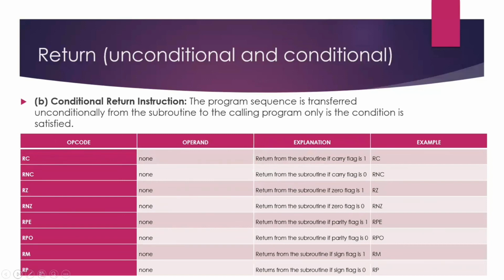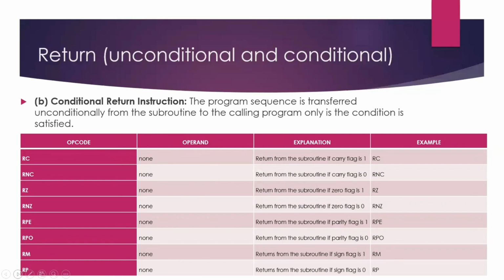RC is return from the subroutine if carry flag is 1, and RNC is return if not carry, carry flag is 0. RZ is return if zero flag is 1, and RNZ is return if not zero, zero flag is 0.